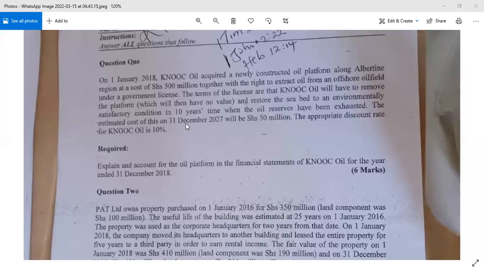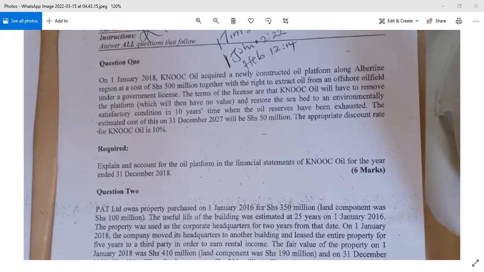So basically here you're supposed to find the present value of the 50 million, and then do the needful, debit and credit, right? So if I may do that, let me obtain the extract. For now, you can ask any questions if you have. Otherwise, that is really the whole thing. You're supposed to recognize the cost, but the cost is a component of many things.